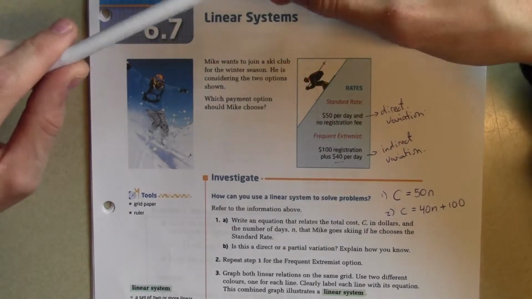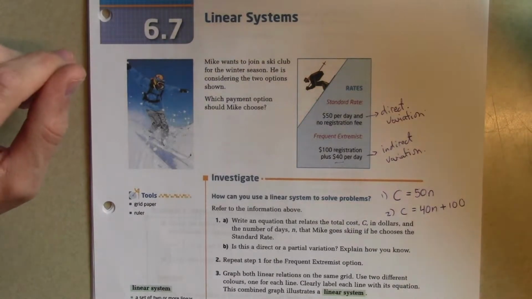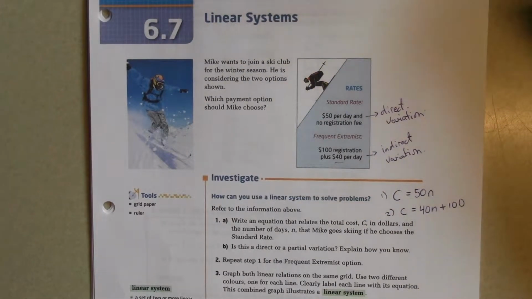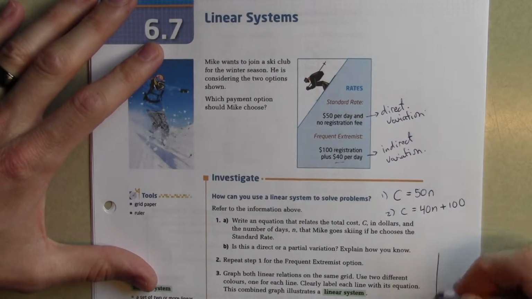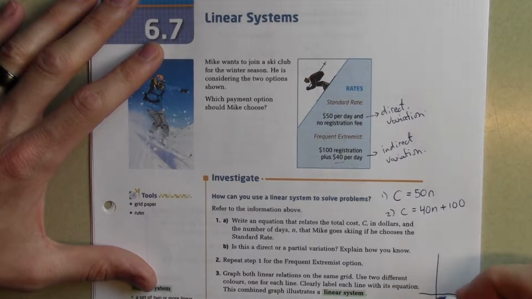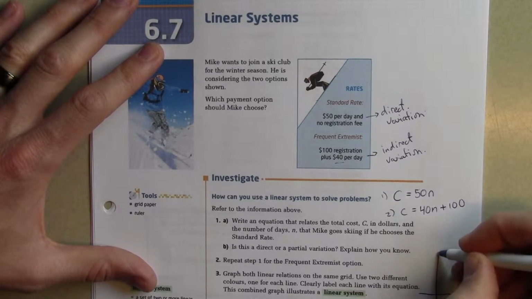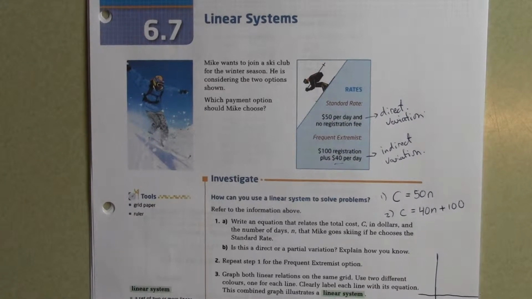Part 3 says graph both linear relations on the same grid. Use two different colors, one for each line. Clearly label each line with its equation. This combined graph illustrates a linear system. So, number of days.